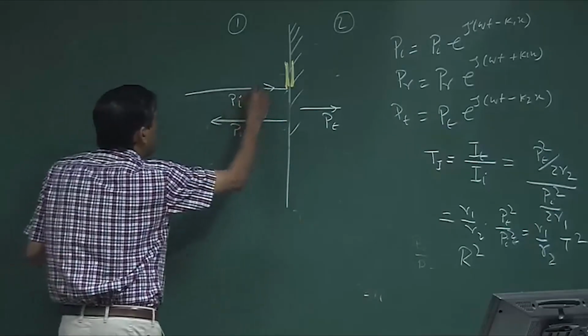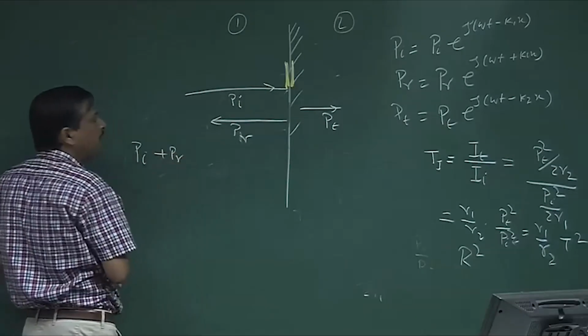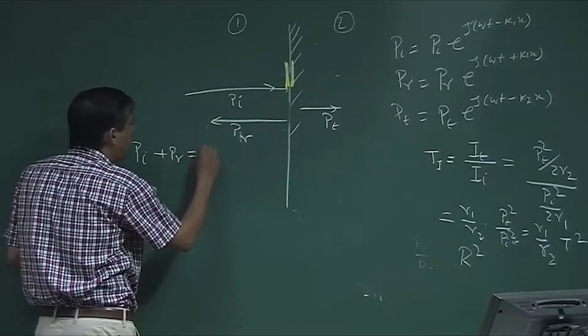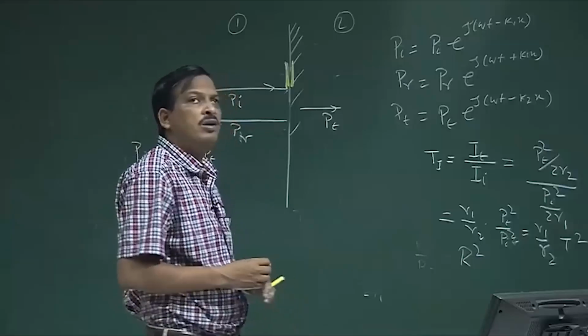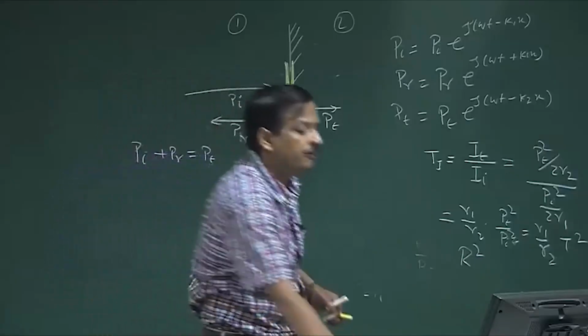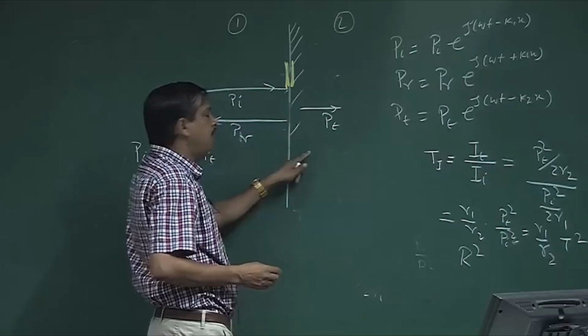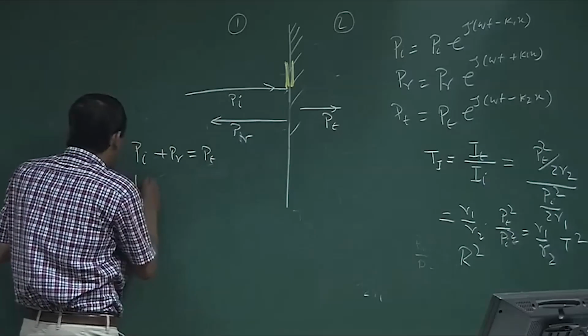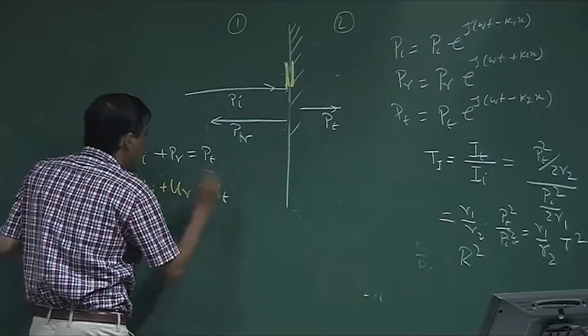So, the acoustic pressure on this side is Pi plus PR, which must be equal to PT. And condition number 2 is the normal component of the particle velocity on both sides of the boundary must be equal. So, I can write Ui plus Ur should be equal to Ut.